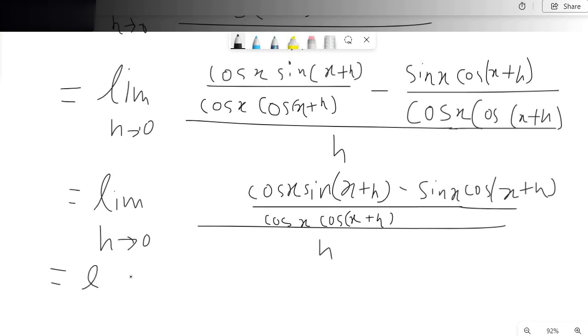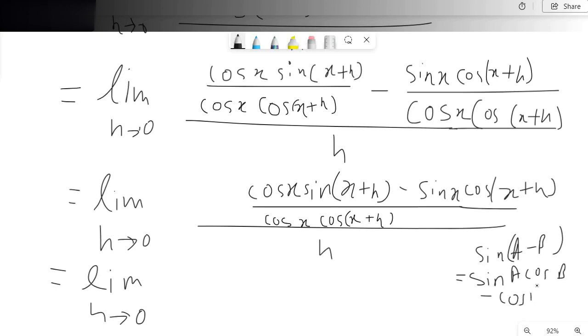And now if you remember one of the addition formulas, this is exactly in the format of sine a minus b, where sine a minus b was equal to sine a cos b minus cos a sine b, or cos b sine a minus sine b cos a.